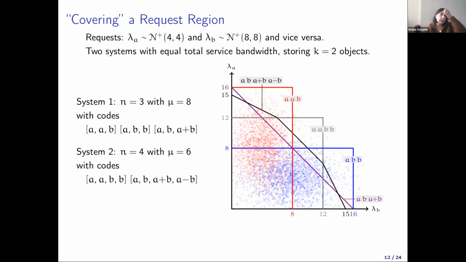So what I plotted here is lambda A, which is a truncated Gaussian with mean 4 and variance 4, and lambda B is 8 and 8. Sorry, blue dots is lambda A 4, and lambda B 8, and red dots is the opposite.